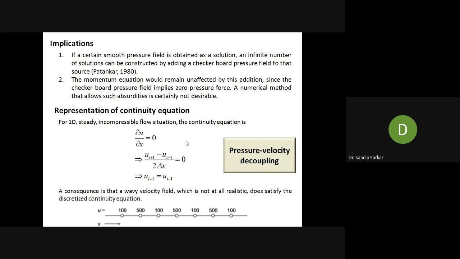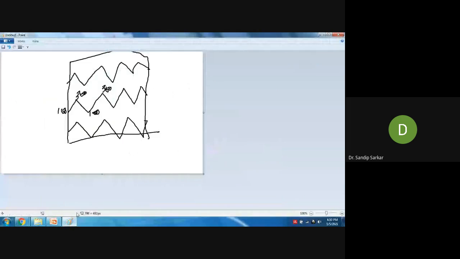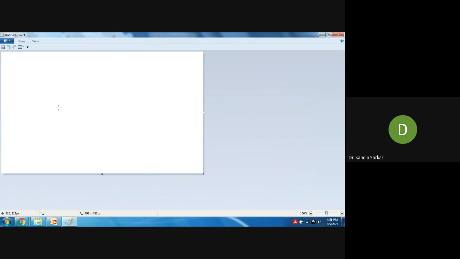So you need to resolve this issue. Let us explain in a much clearer fashion how to resolve it. In a finite difference method, these are your grid points, right? At these grid points you are specifying u, v, and p.